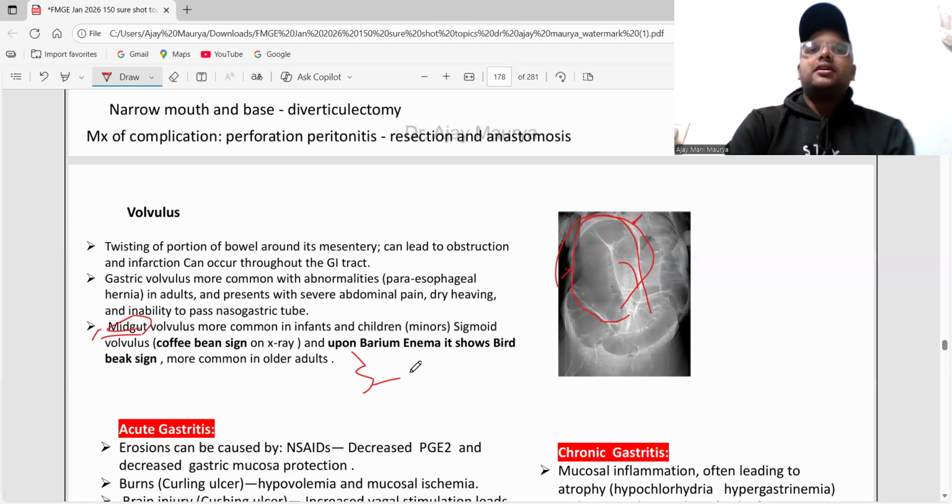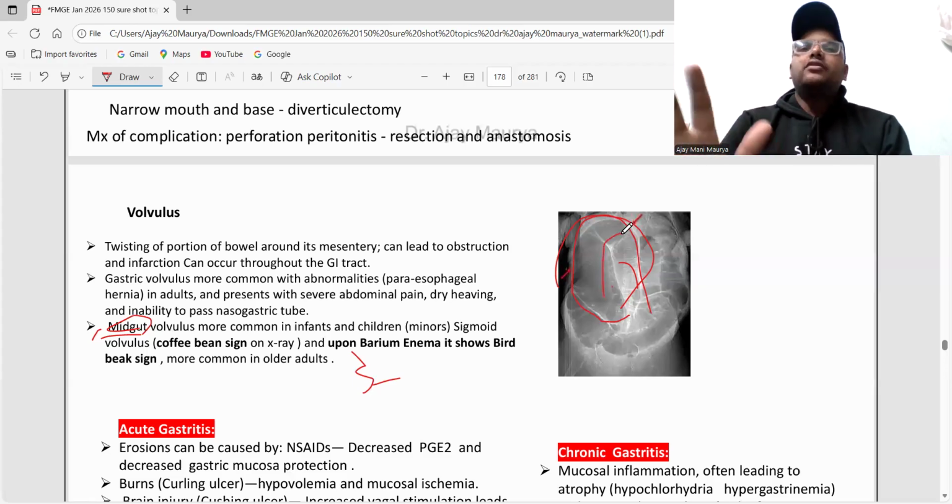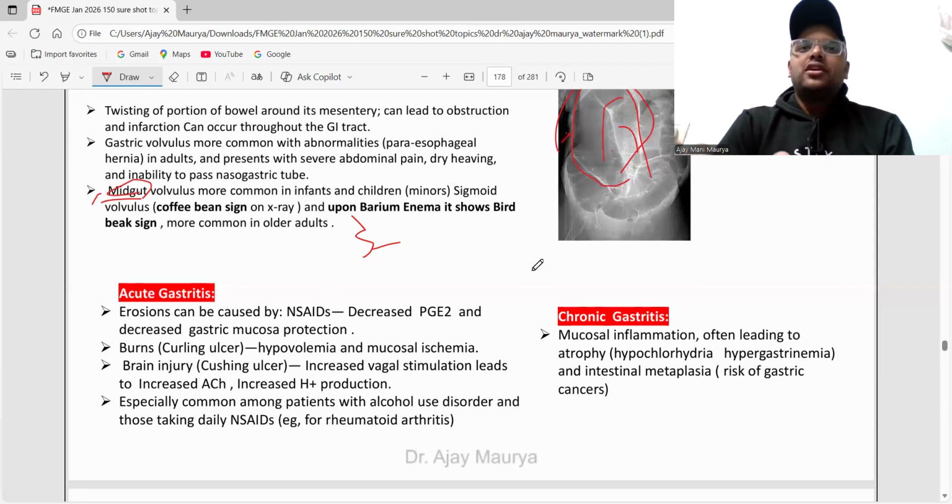In achalasia cardia. But here, on barium enema, the bird beak sign is seen in sigmoid volvulus. Remember sigmoid volvulus, coffee bean shape. That's it.